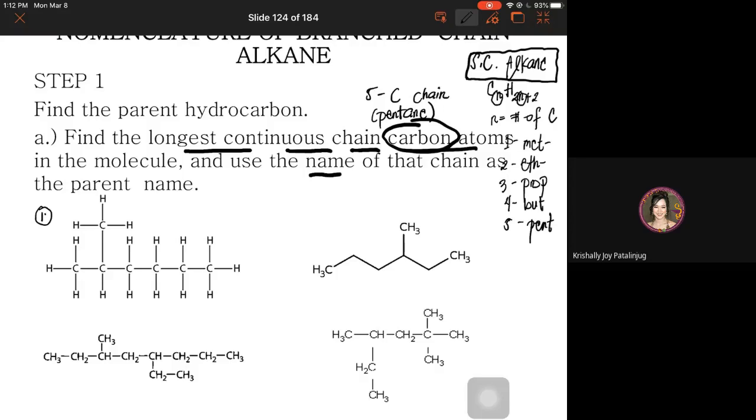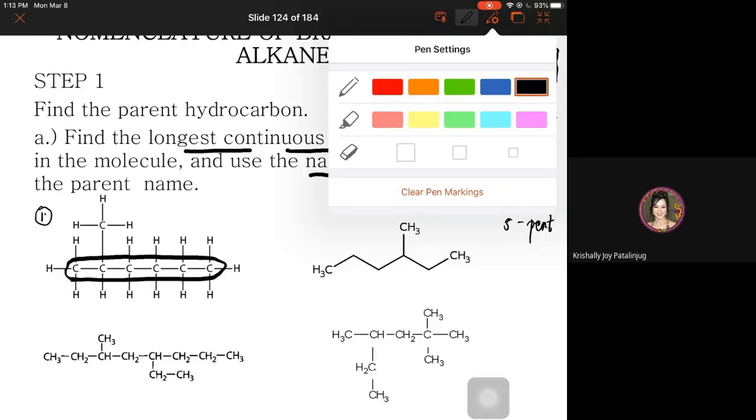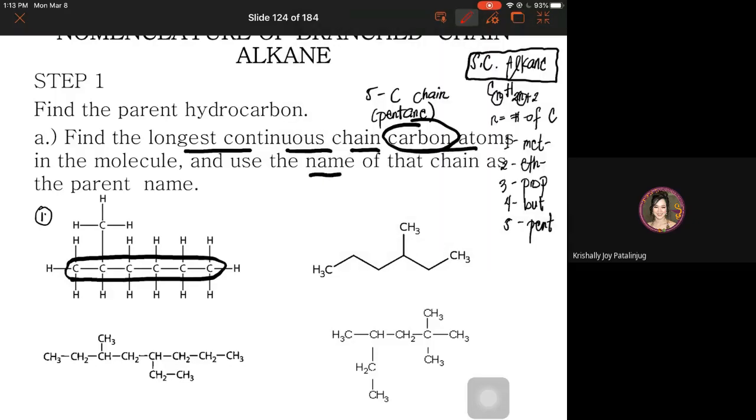Obviously this one is the longest, continuous, and a chain of carbon atoms. Or you can start here too.